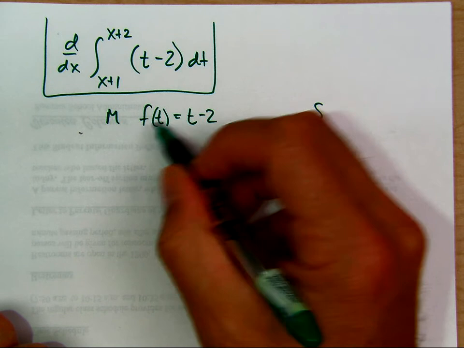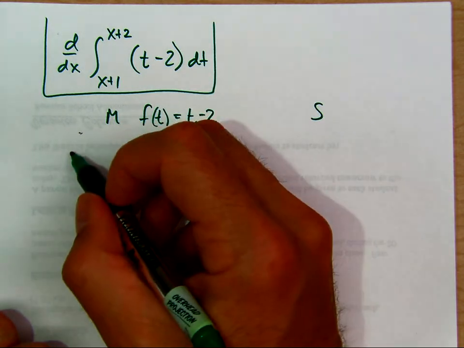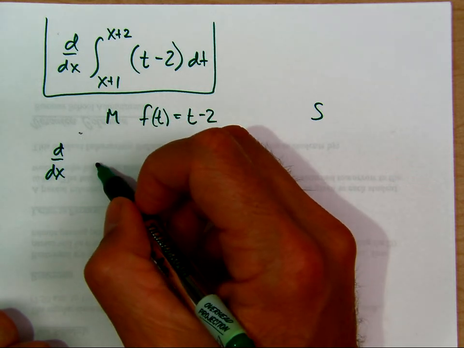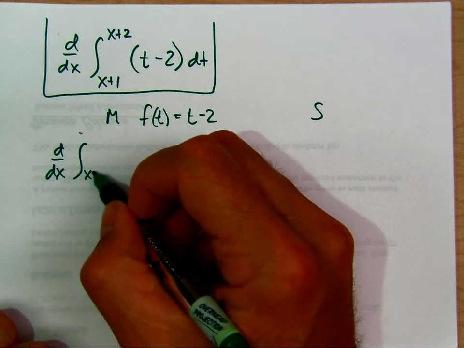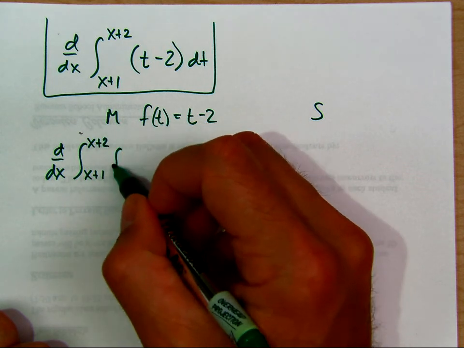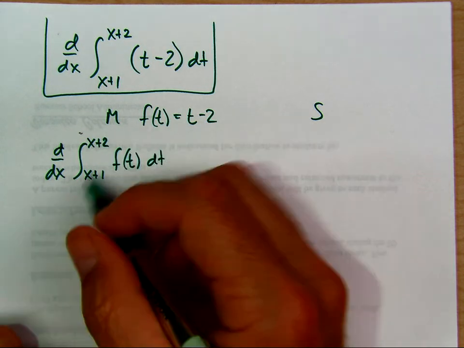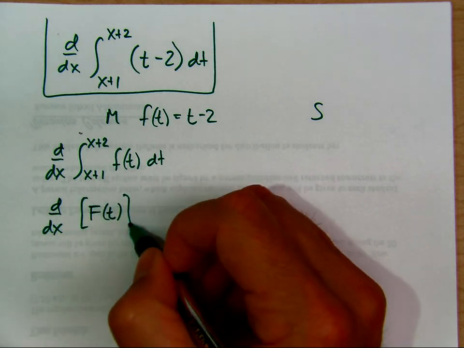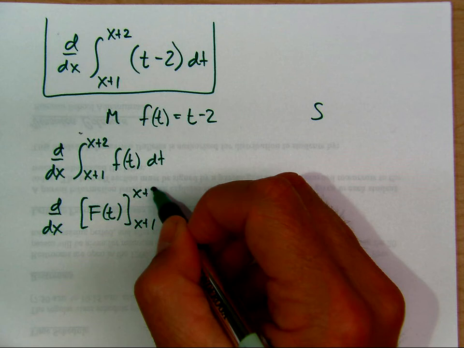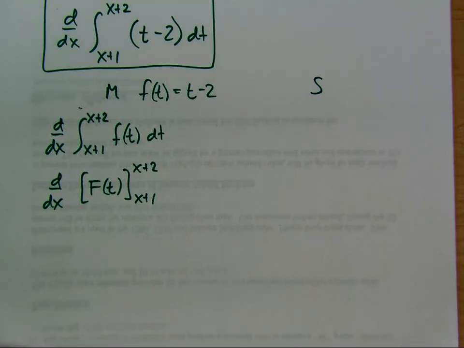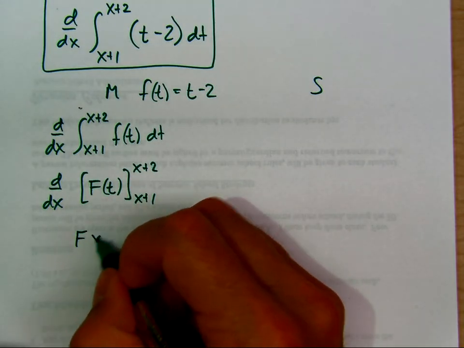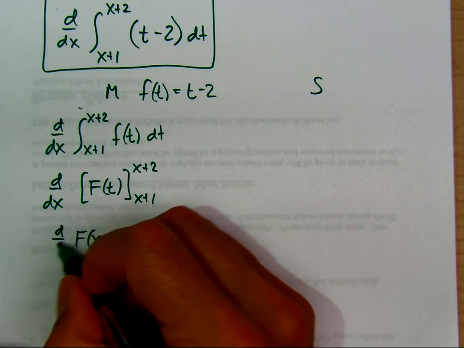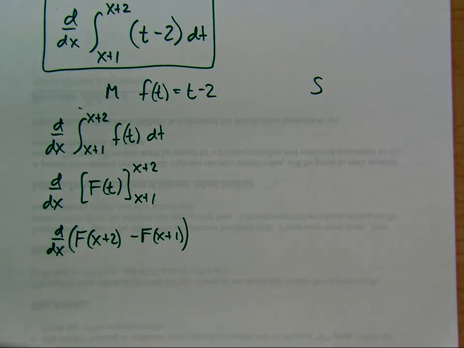So lowercase f is t minus 2. And then substitute the limits.